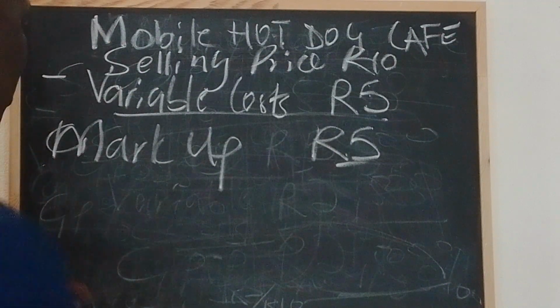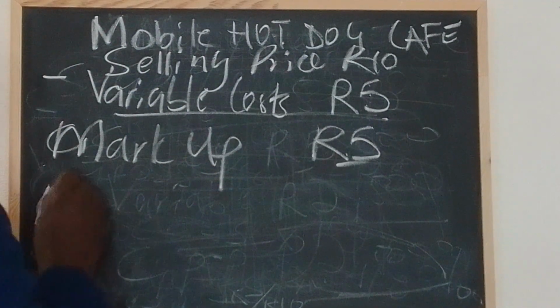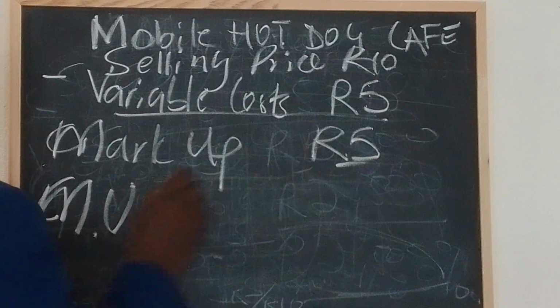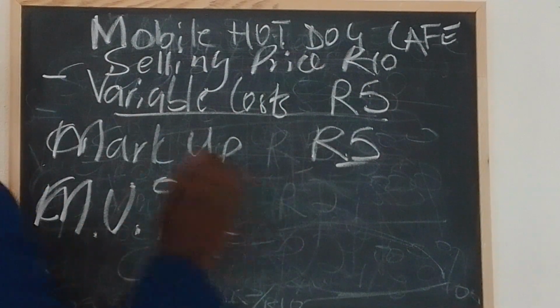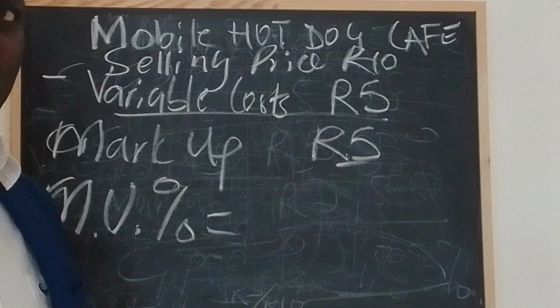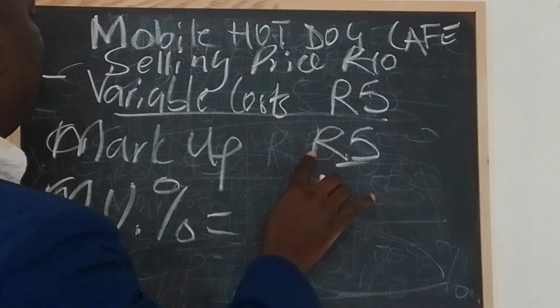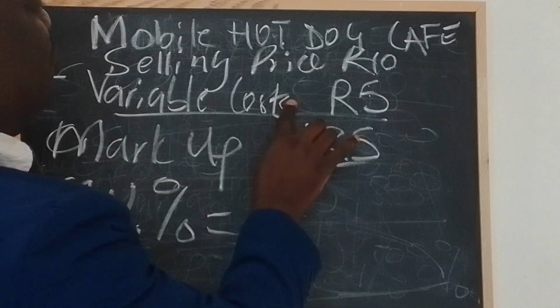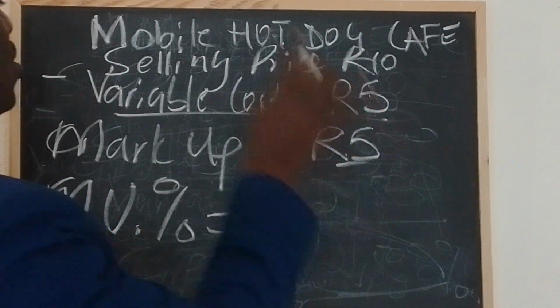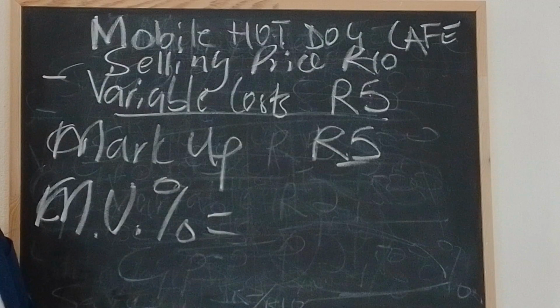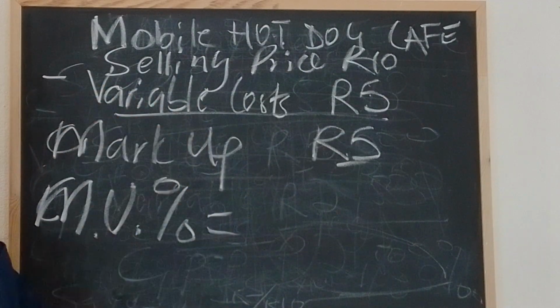And here I'm talking about the markup percentage. What is the markup percentage? With the markup percentage, we are looking at the relationship between your variable cost and your gross profit that we calculated.